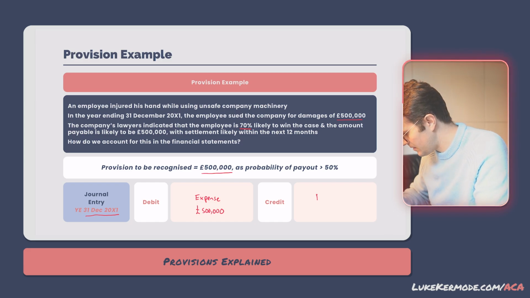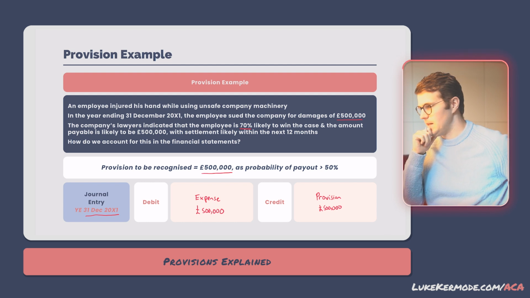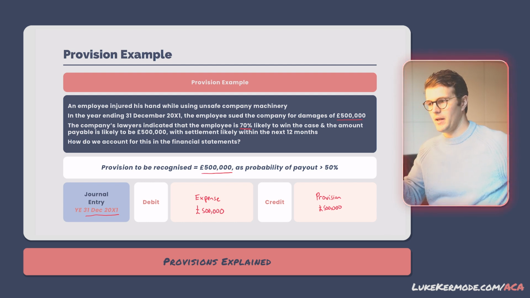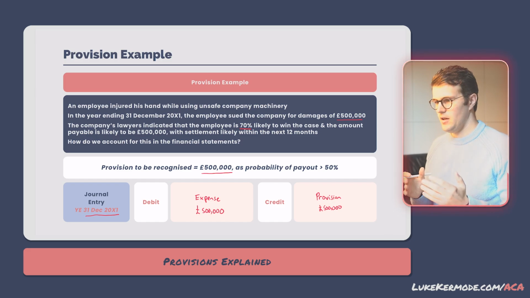And we also need to credit provision by the same amount. This creates the liability on the balance sheet. The provision reflects the company's obligation and ensures that the expense is matched to the period in which the incident and legal obligation arose.